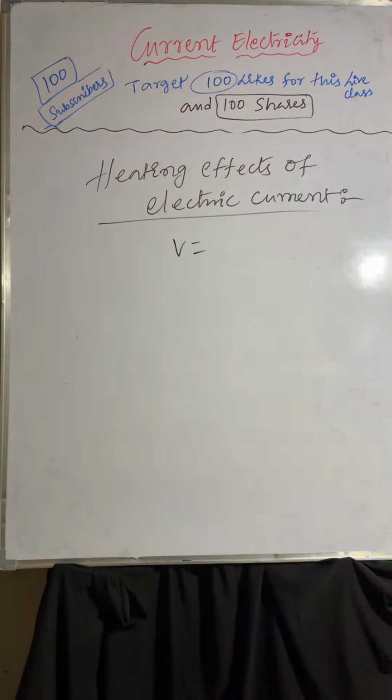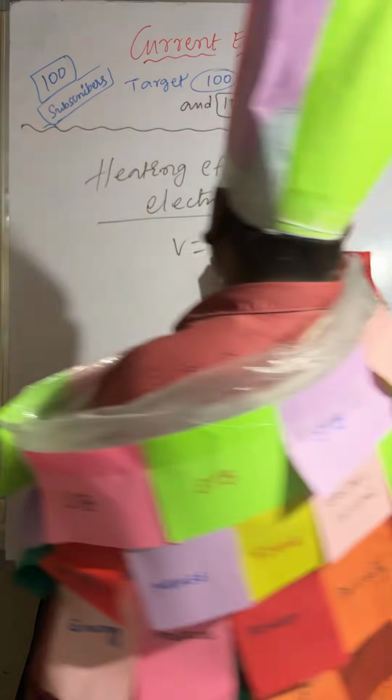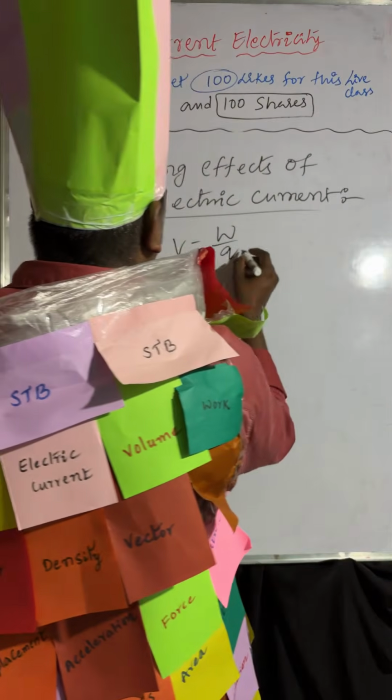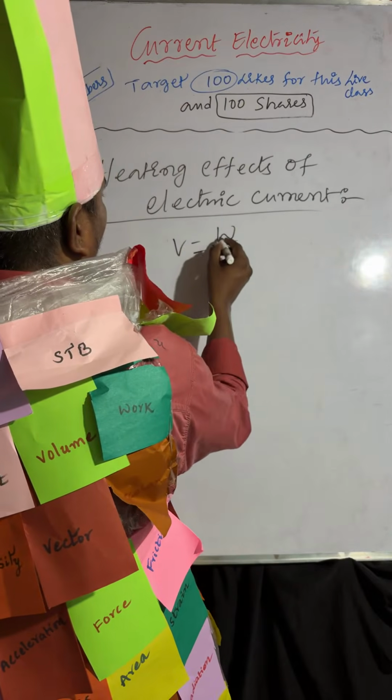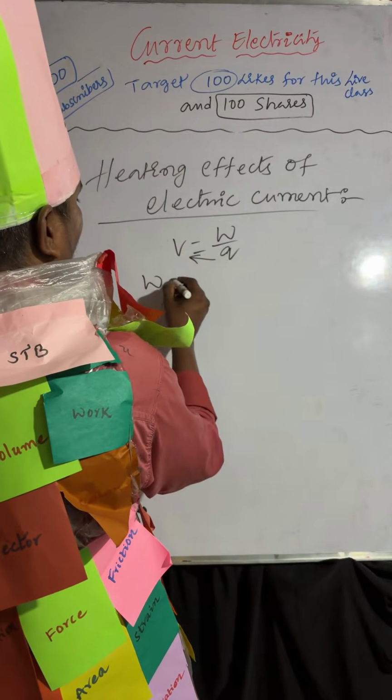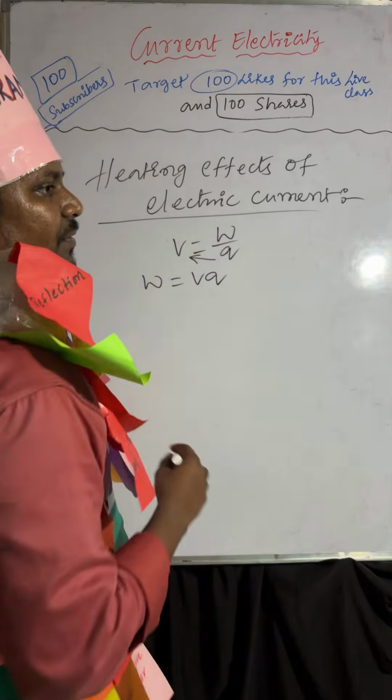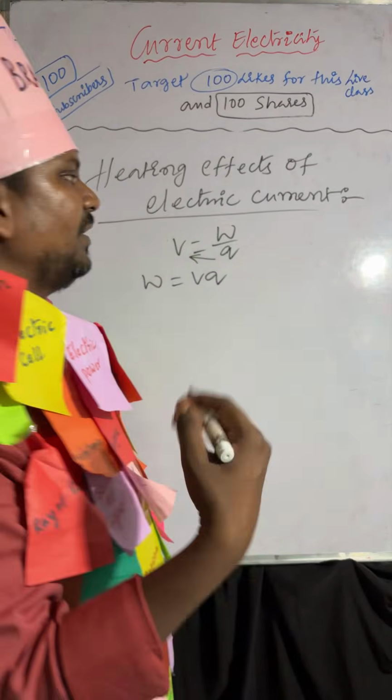What is the work done formula? Potential difference is the work done to bring a unit positive charge from one point to another point within the conductor. V equal to W by Q. Cross multiplying, W equal to V into Q.